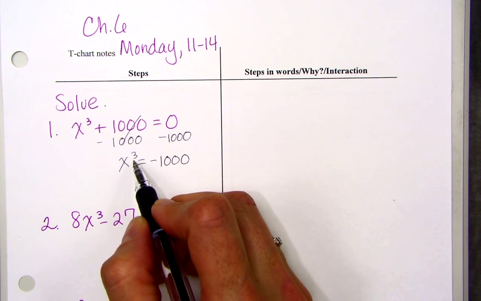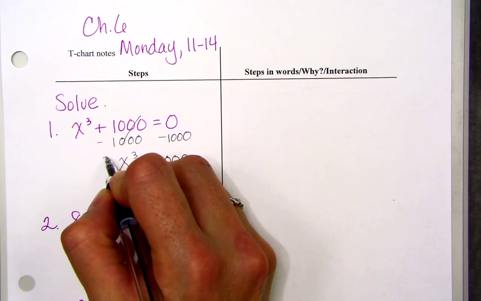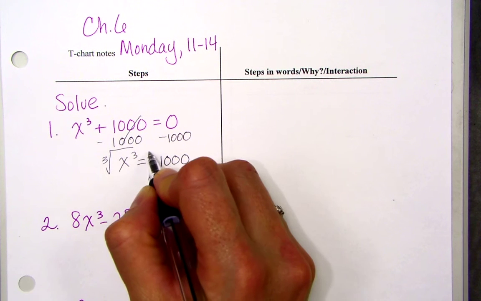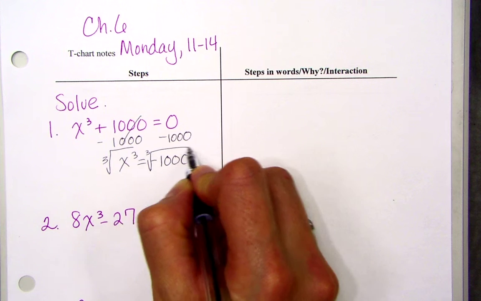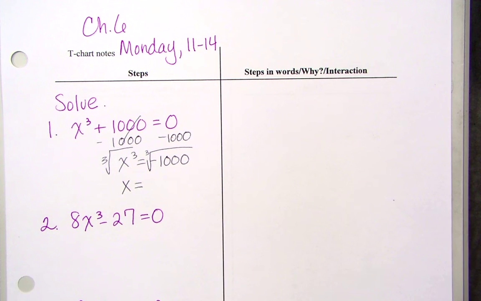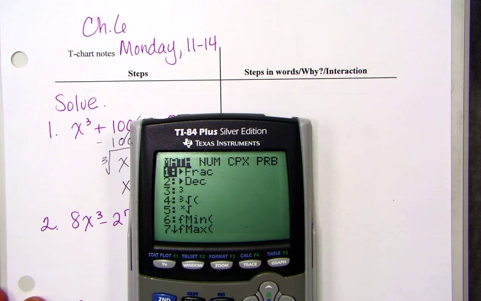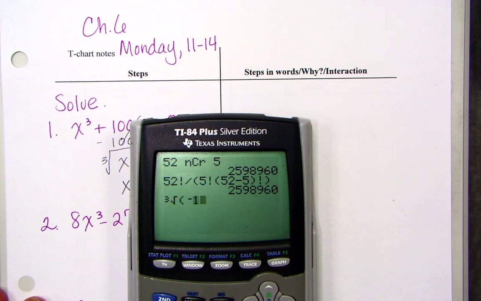And we want to get rid of the cube, and we're going to do that by cube rooting. That's this function on your calculator, taking the third root, right? And when we do that, the cube root of negative 1,000, that's under your math function, number 4, negative 1,000.